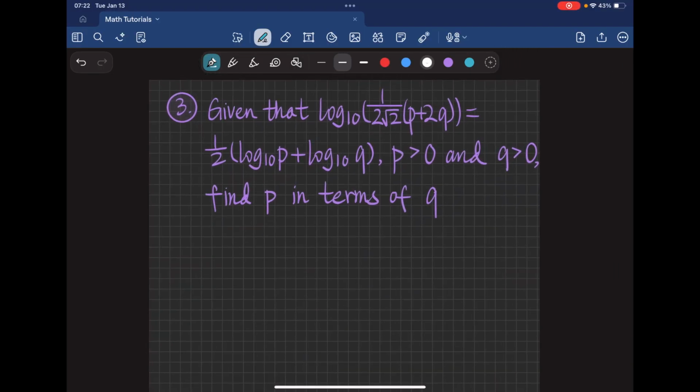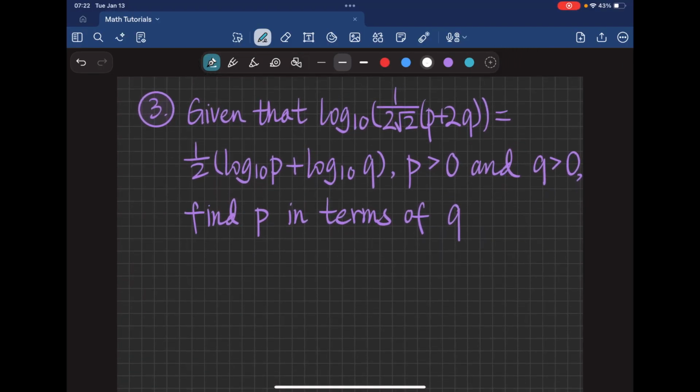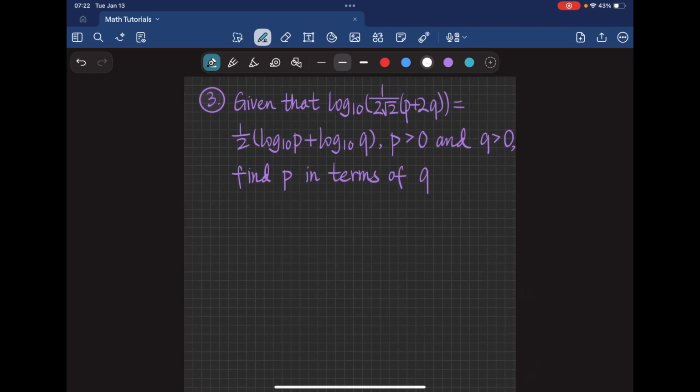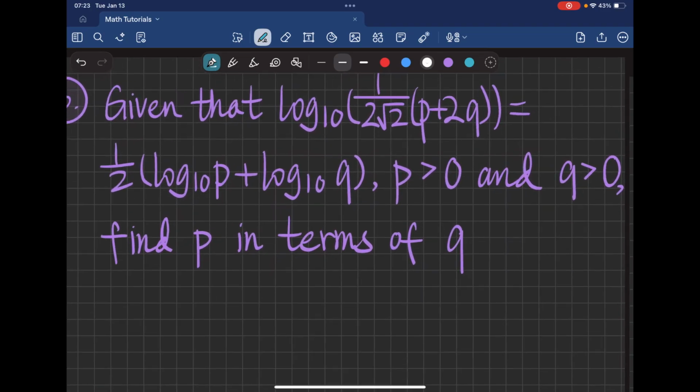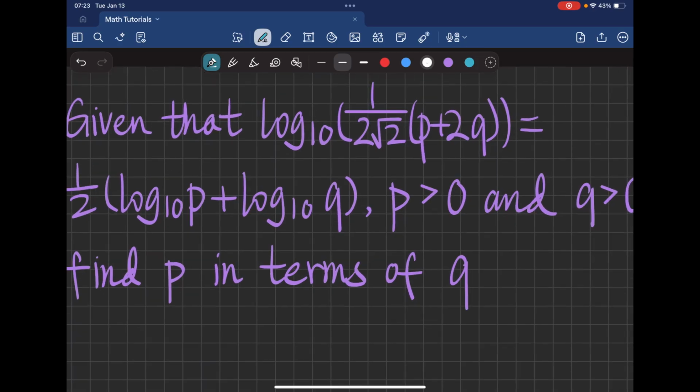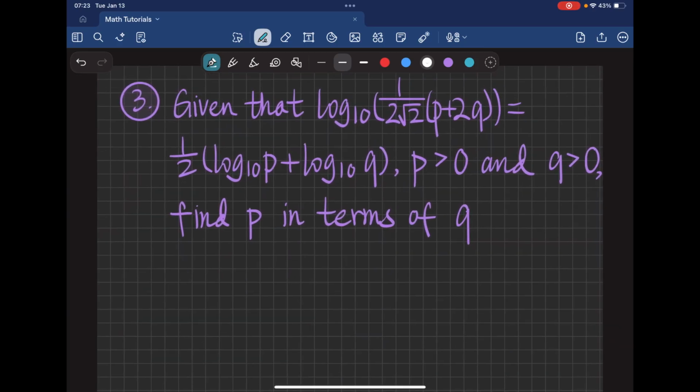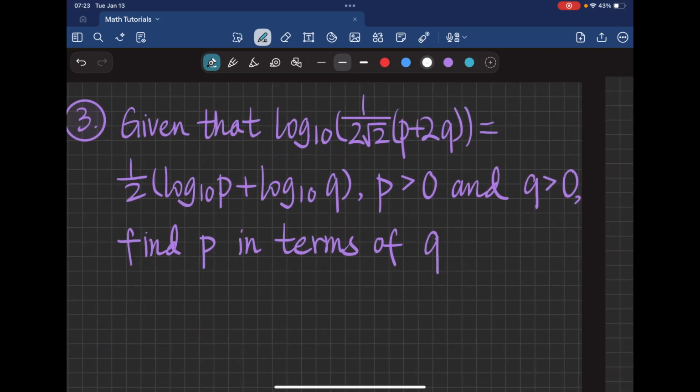This problem requires some algebraic skills and being familiar with the basic log rules, and also being able to recognize some quadratic features from what we will get later in this problem. So we can tackle this by writing it in a cleaner form without base 10 and without this fraction multiplying with an expression kind of form here.